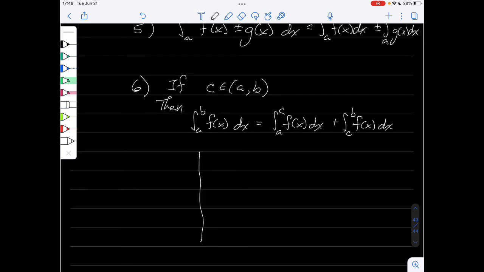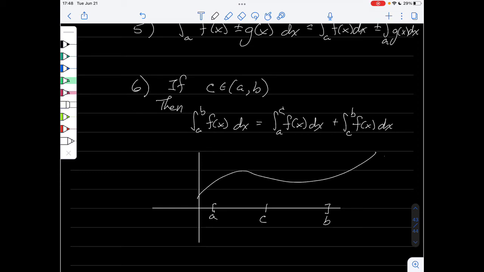Okay, so let's draw a picture, kind of see what that looks like. So if this is a, this is b, and we have some point c here. And this is our function f of x. So what we can do is split our integral up over c. This is the integral from a to c.